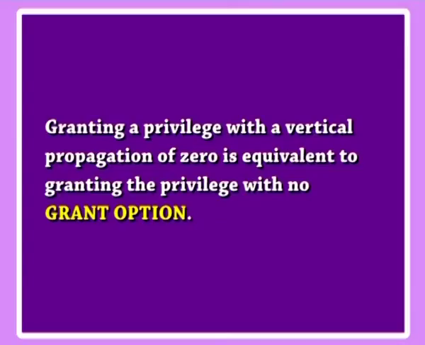Vertical propagation is more complicated. It limits the depth of the granting of privileges. Granting a privilege with a vertical propagation of 0 is equivalent to granting the privilege with no grant option.